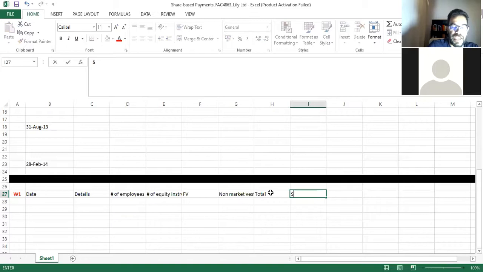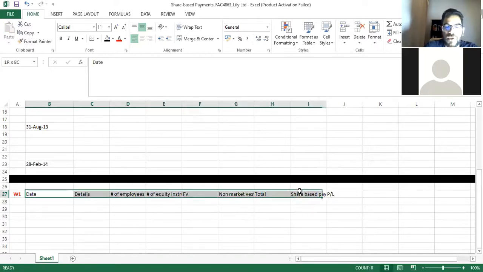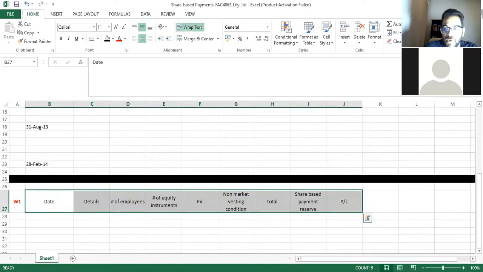And this amount will tell you what the share-based payment reserve is. And this column will tell you what is P&L. Using a table is going to make your life easier. You will see most solutions use a table, which is going to help you keep track of what's happening. Otherwise, you're going to waste a lot of time and you're going to be confused.